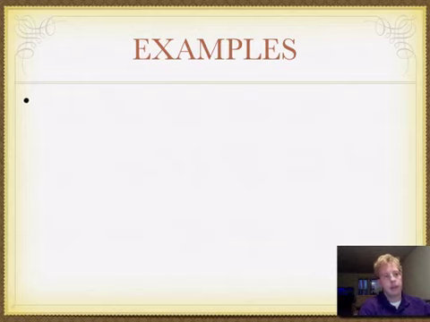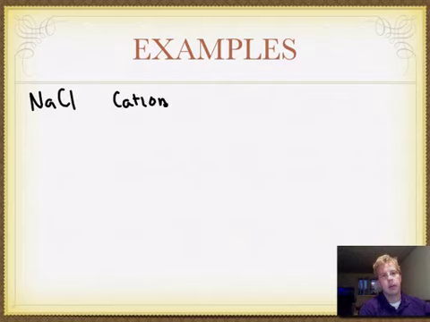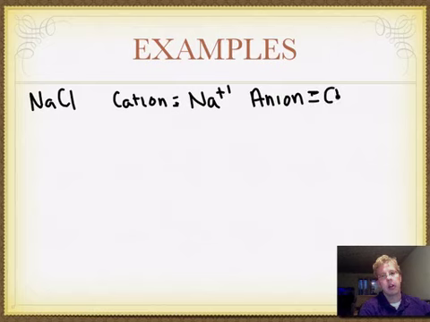Let's say, for example, I take NaCl. My cation is Na+1, and my anion is Cl-1.